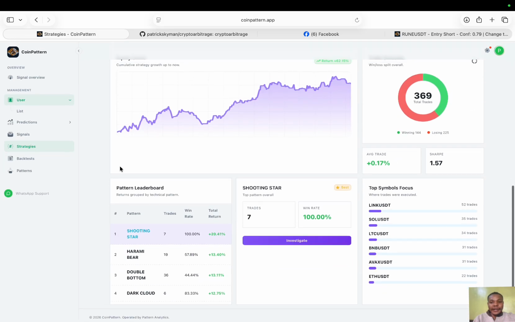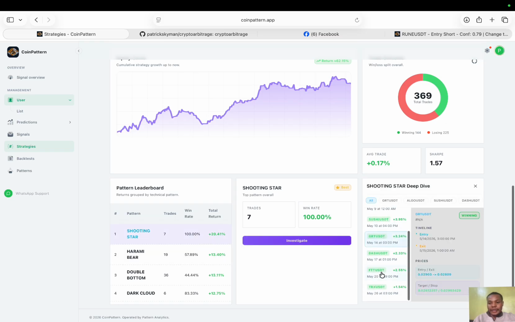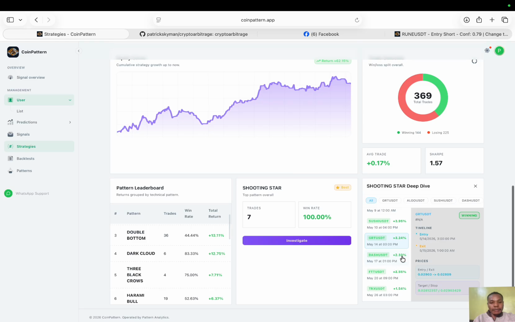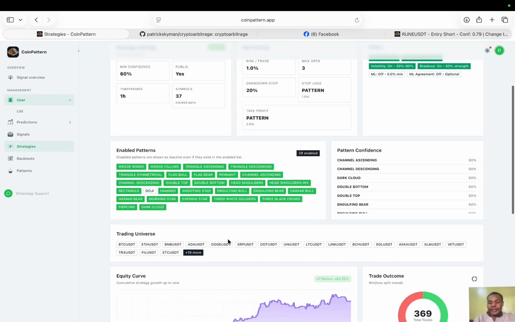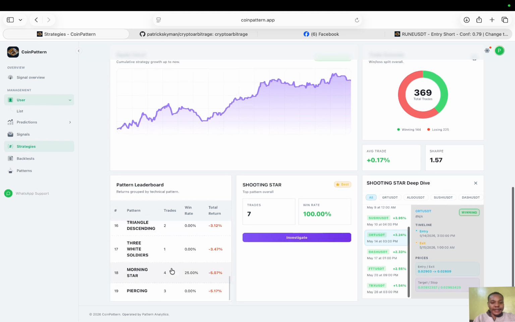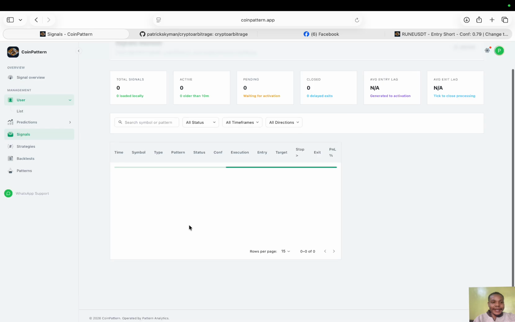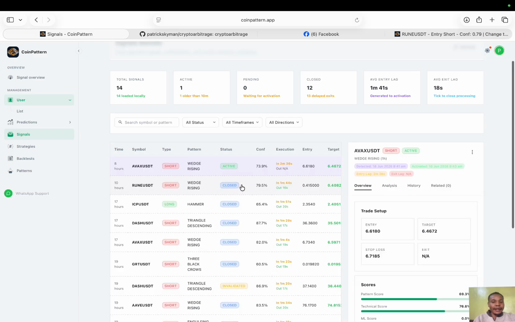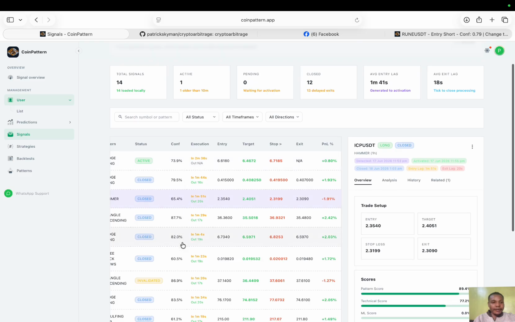So this is just a breakdown of the backtest itself. You can investigate it. Here, this helps you understand which patterns score better using this strategy, and as I said, you can choose to deactivate those less performant patterns. For example, Hammer had a loss here, and it has given us a loss again in our signals, but that doesn't concern us as long as we are aiming for profits.